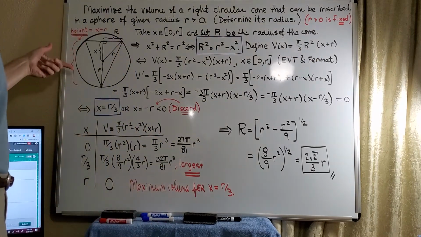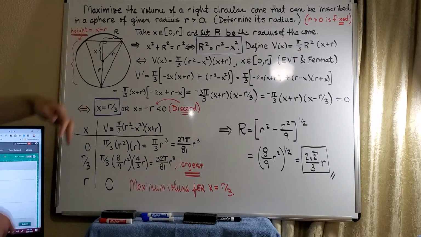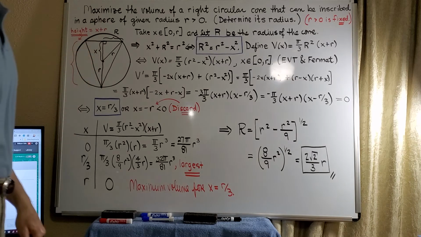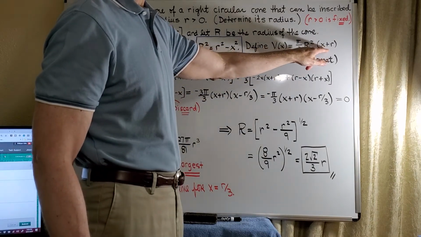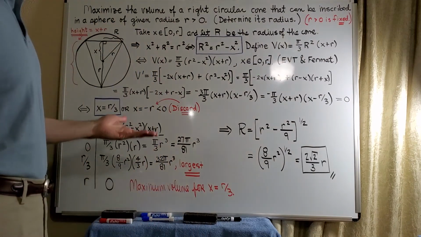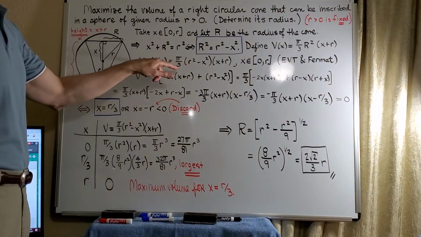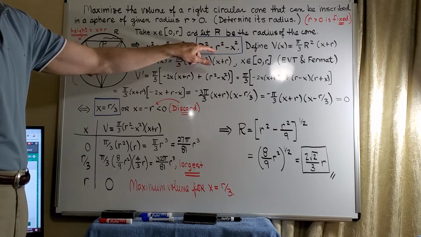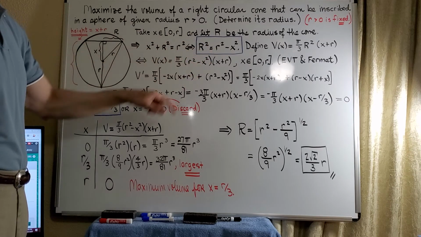So if you look over here, the way we've set up this great circle, the height of the cone will just be the radius of the sphere plus the variable x, or x plus r. And so here for the height, we have x plus r. And then the only other thing we need to do is to rewrite R squared in terms of this function here in the blue box, little r squared minus x squared.